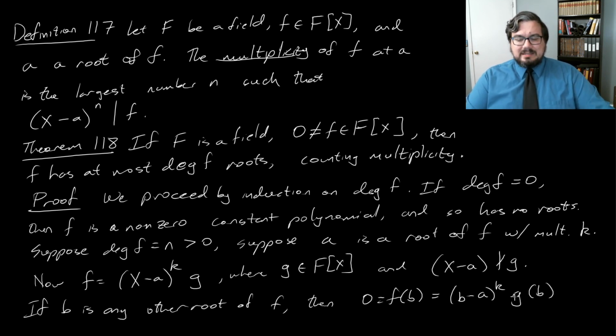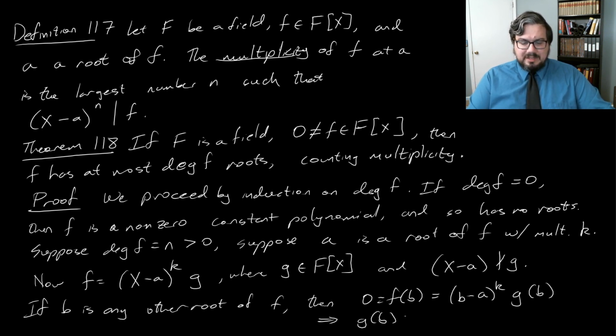Because b is supposed to be something other than a, b minus a is non-zero. Because F is a field, it's a domain, and so (b minus a) to the k is not 0. And so because of all of that, we have that g of b is equal to 0. So b is a root of g.